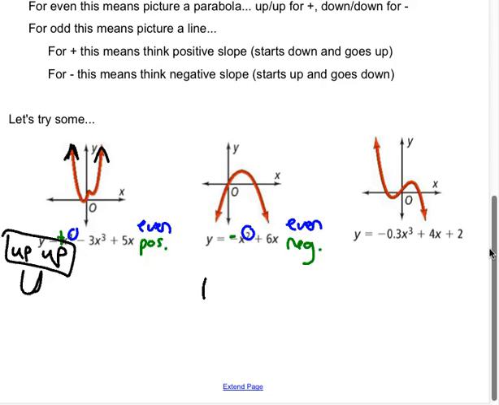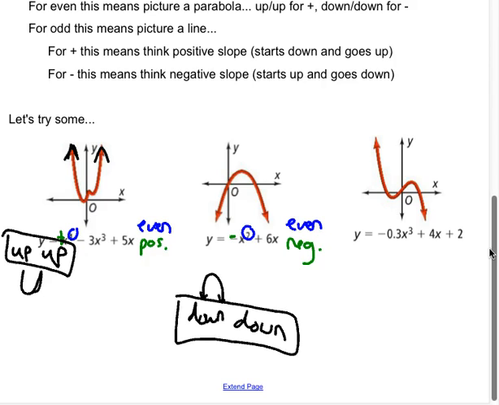A parabola that's opening down, I'm seeing down, down behavior. And again, that's the actual answer. Everything else I sketched up on the board is just scratch work to make sure that you can get to that proper answer. And of course, the picture that comes with it does verify that that's what we've got.